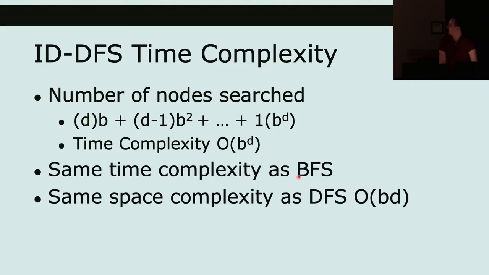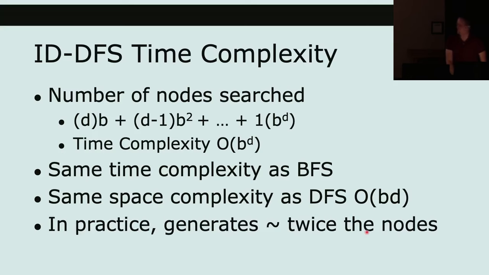It has the same time complexity, theoretically, as breadth-first search, but in practice, it usually does about double the work, right? But double the work is basically just equivalent to one more depth, right? So it has the space complexity of DFS, which is awesome.